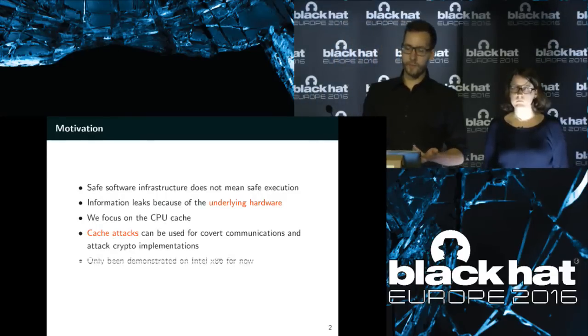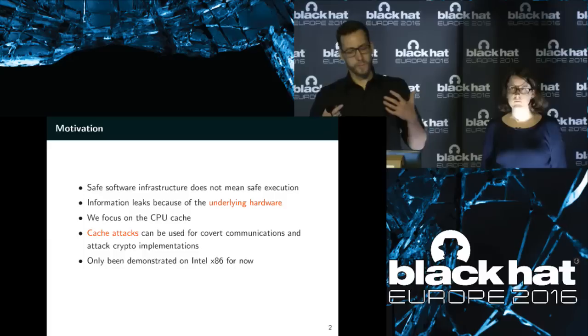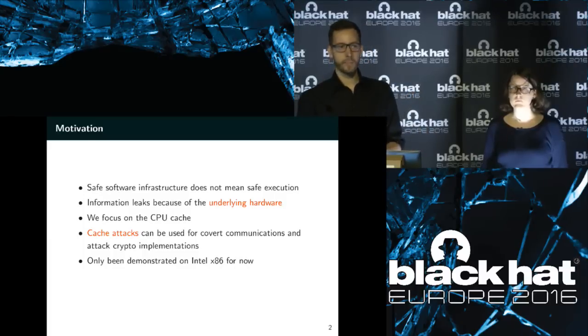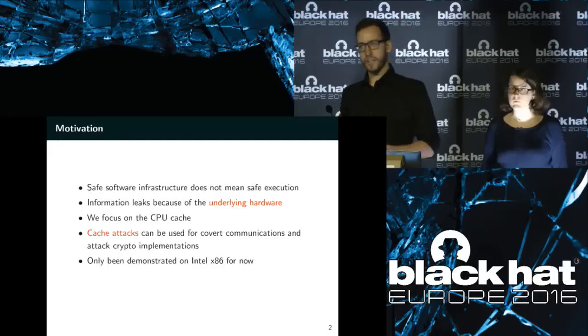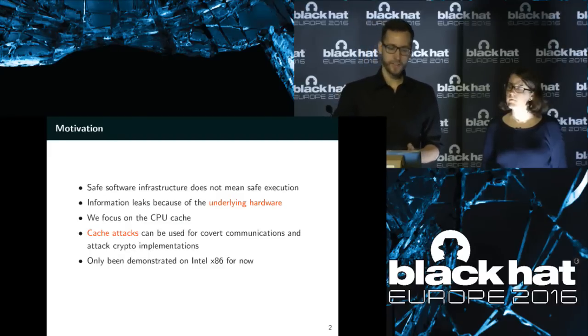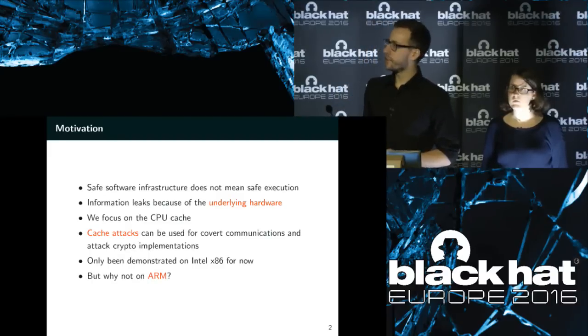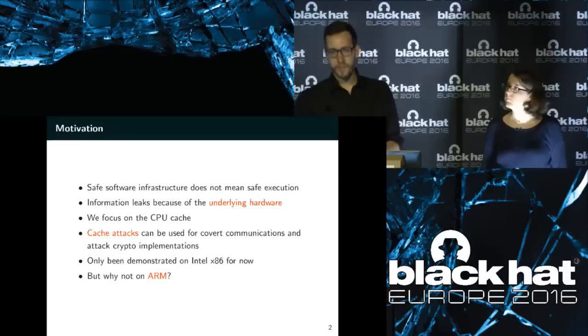However, they have only been demonstrated on Intel x86 for now. As mobile devices like smartphones and tablets have become the most important personal computing device in the past, and despite the fact that people thought that those attacks cannot be applied on mobile devices, we wanted to investigate why they don't work on ARM and if we can do something about that.